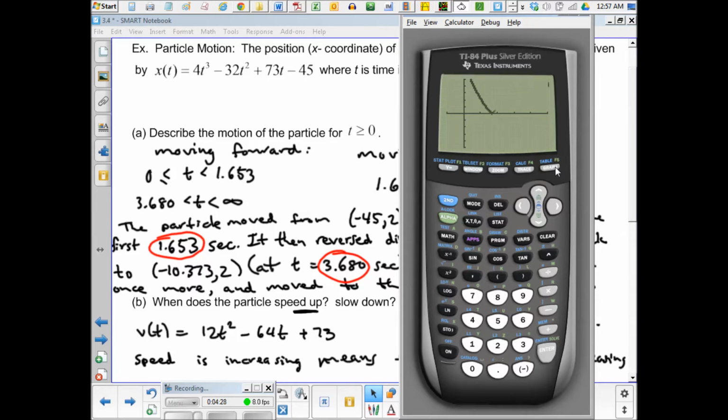Looks like right around the 1.6 second or so, up to about maybe 1.8 second or something, and then starting at right around the 3.8 second, it goes up from there. Okay, so I need some points. So I'm going to do CALC minimum in this region. And I got 1.653. That sounds familiar.